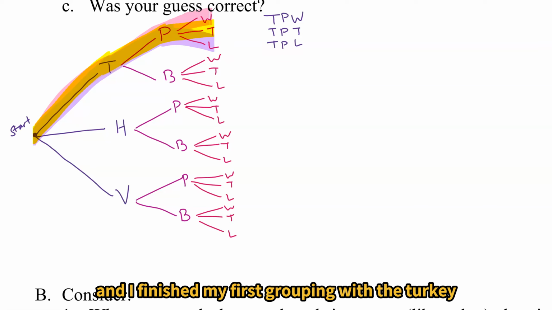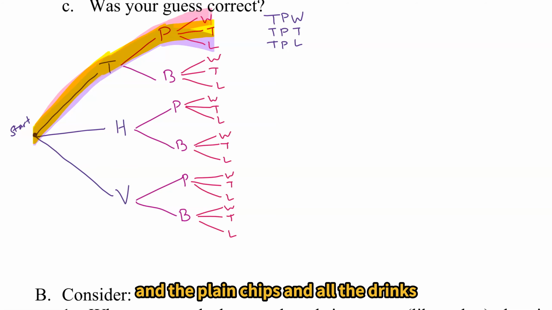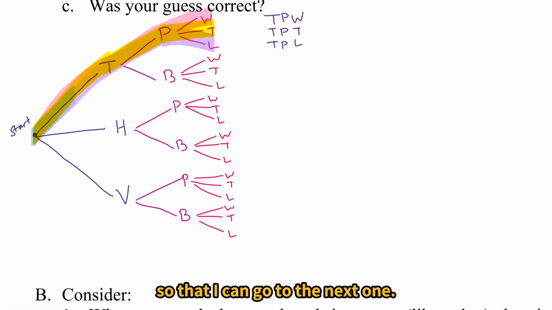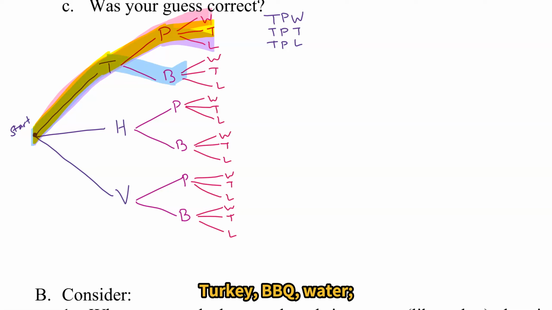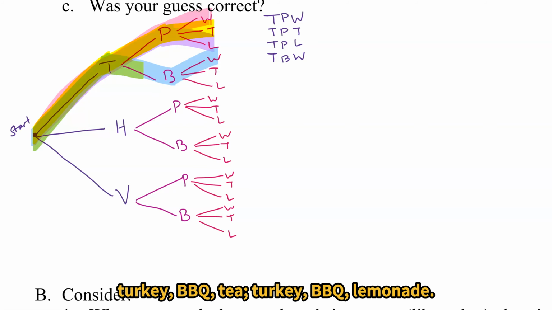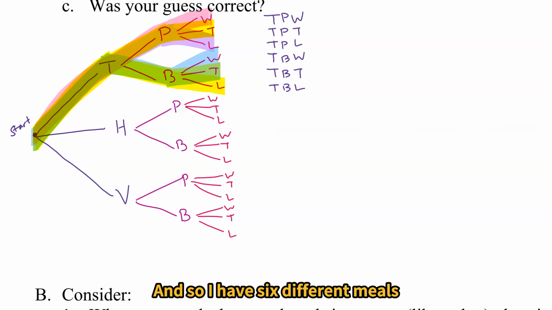And I finished my first grouping with the turkey and the plain chips and all the drinks. So then I can go to the next one. Turkey, barbecue, water; turkey, barbecue, tea; turkey, barbecue, lemonade. And so I have 6 different meals that contain a turkey sandwich.